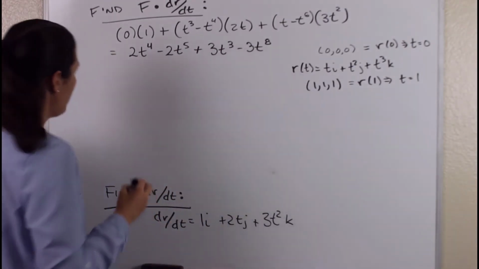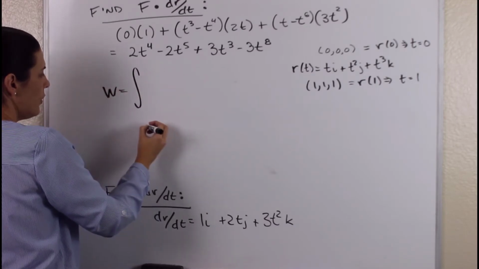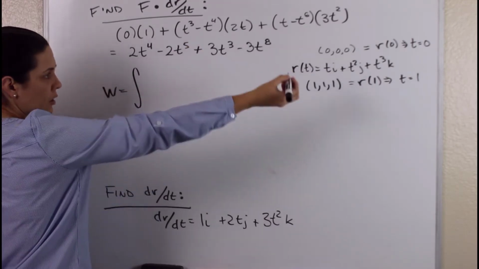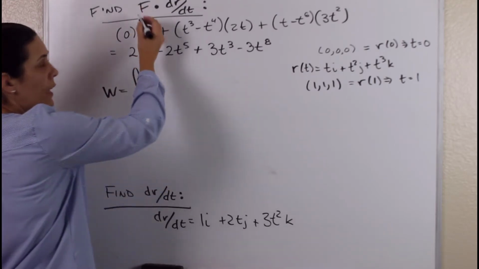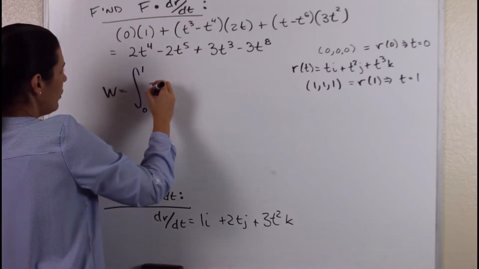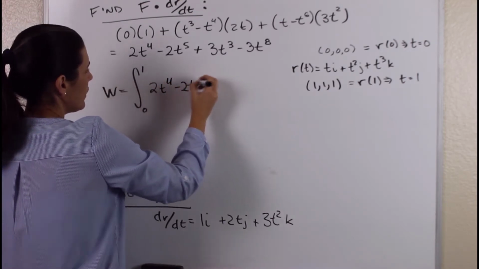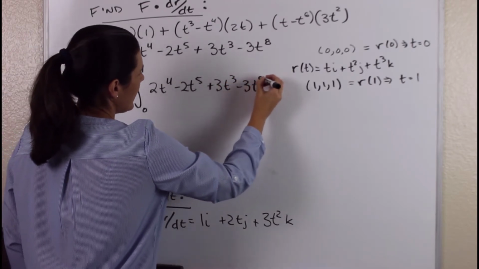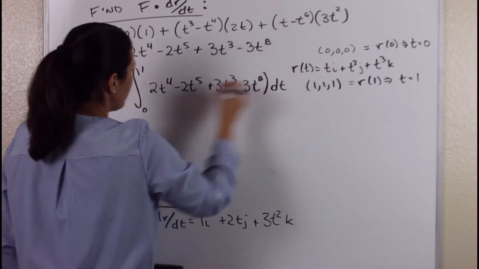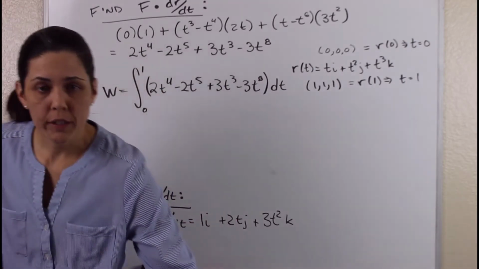So our last step here is that our work is the integral from a to b, which is our first t value to our second t value, of f dot dr, which we already did all the work for that. So 2t to the 4th minus 2t to the 5th plus 3t cubed minus 3t to the 8th, all dt. And then this one's really nice, just use your power rule for integration.